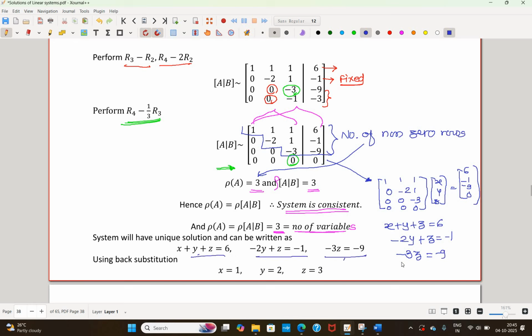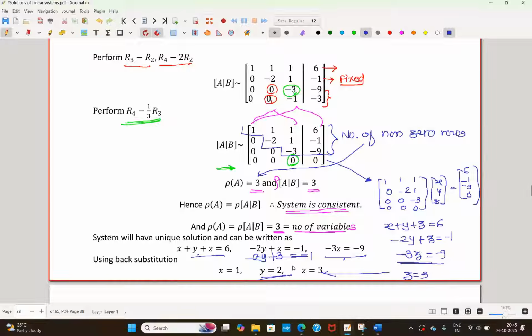Now from this third equation you are going to get z is equal to 3. Now substitute z equal to 3 in equation 2 here. So this is minus 2y plus 3 is equal to -1. So that will give you minus 2y is equal to -4, hence y equal to 2.